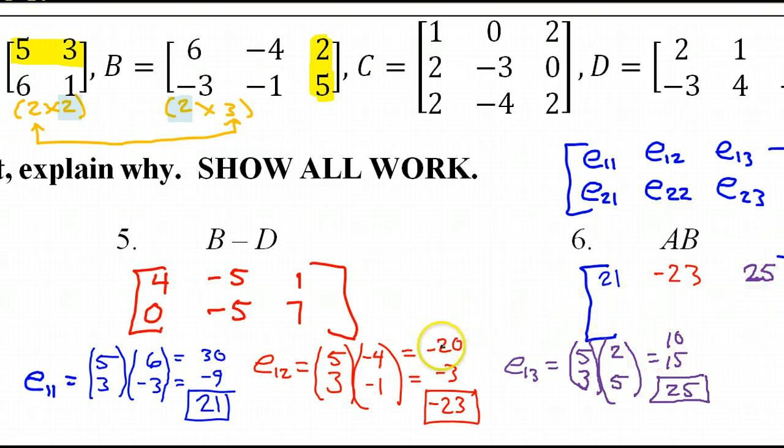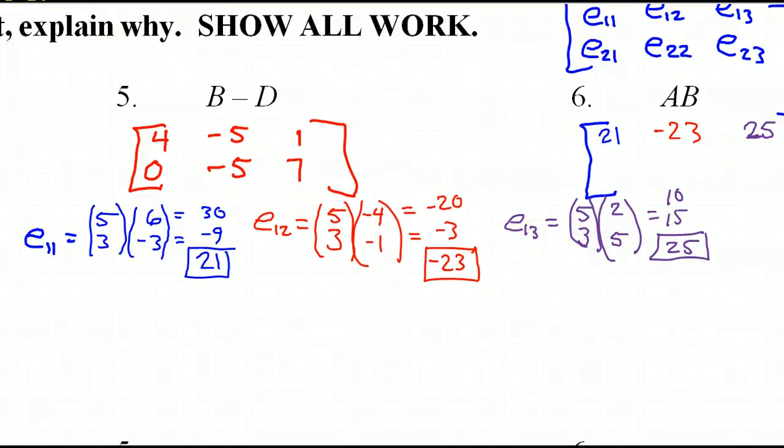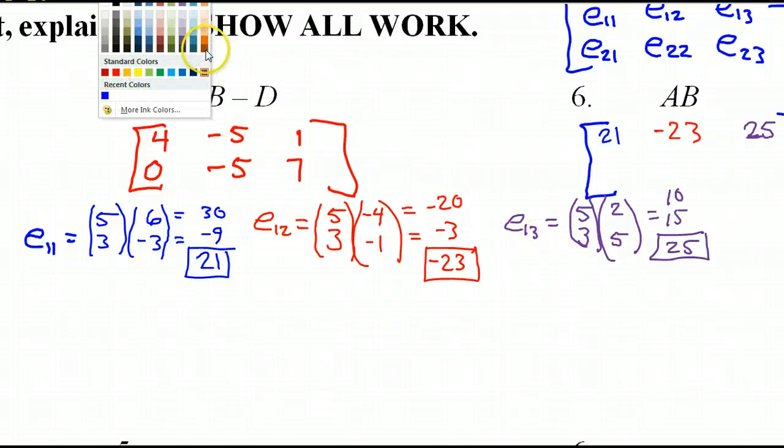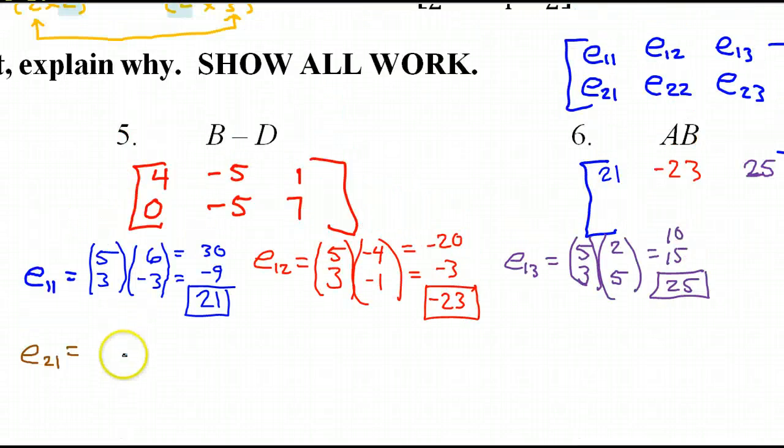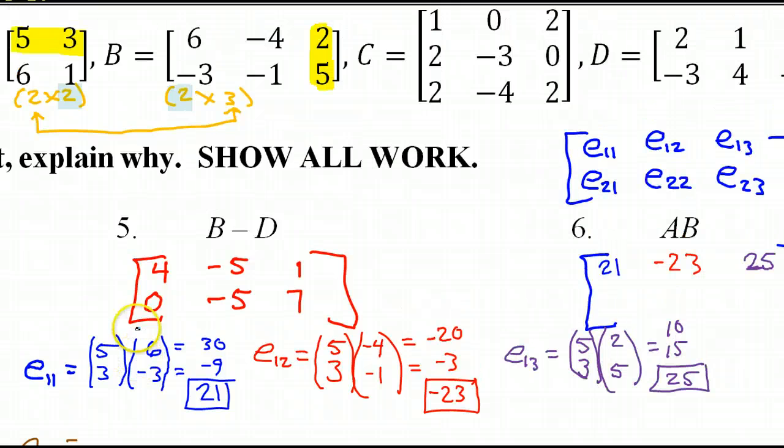Alright, so we just got to do that 3 more times. So let's go ahead and find element 2, 1. Okay, so element 2, 1. That is the second row, first column.